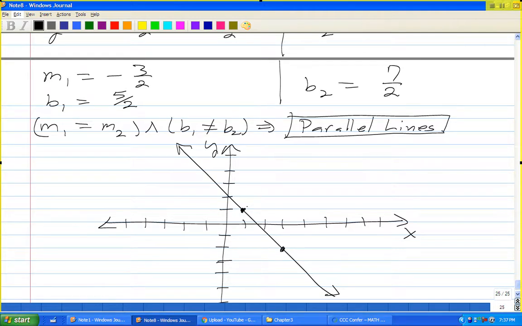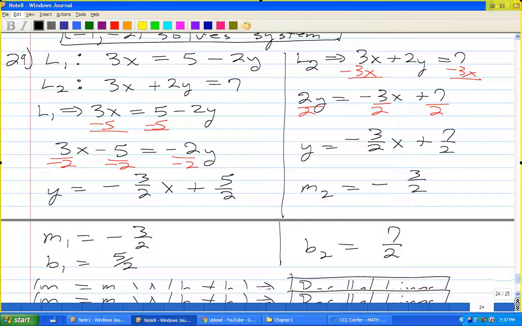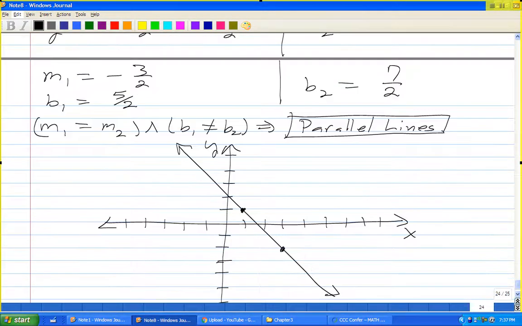Next, (1, 2) is an easy solution. So (1, 2). Go over 2, down 3.